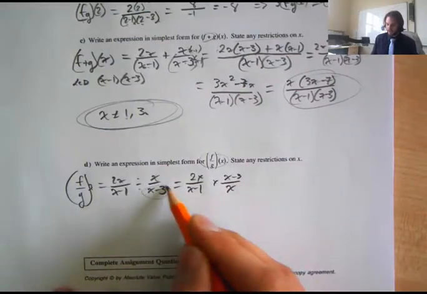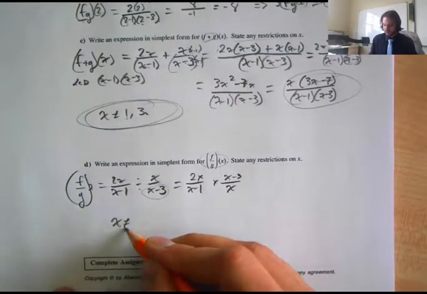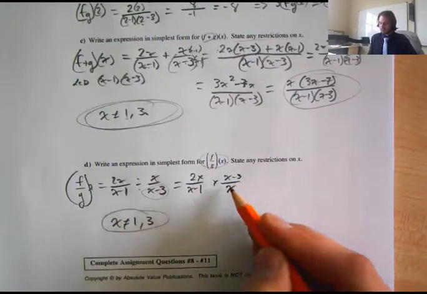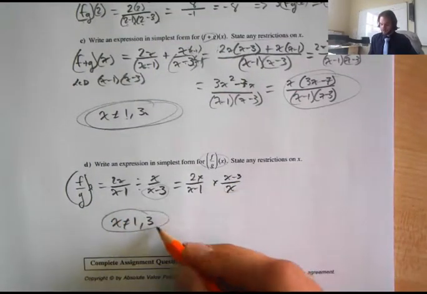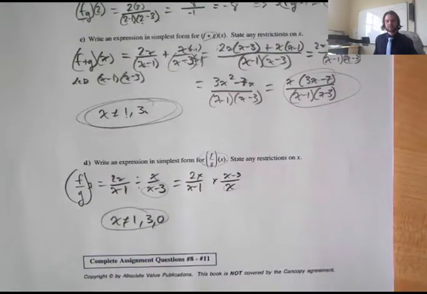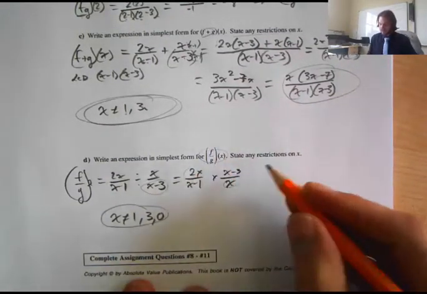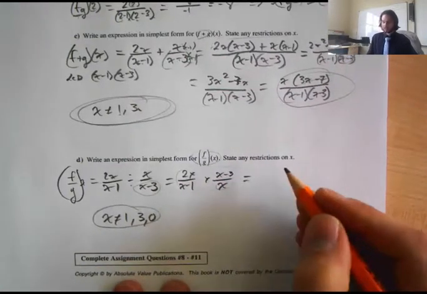From before, we knew x cannot equal 1 and 3. But now we also know x cannot equal 0. We have to add that one more in there. Now we can solve this a lot easier. This is just a simple multiplication.